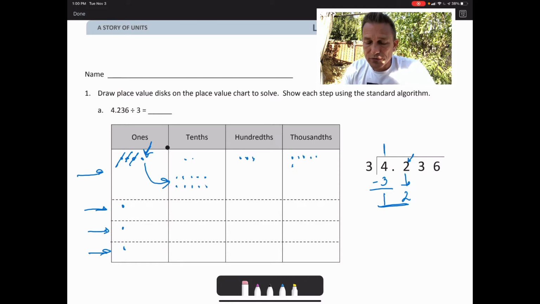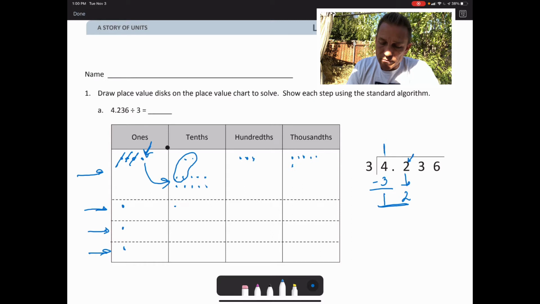Now that I have 12 tenths, I can share that equally 3 ways. I could do this mathematically in my head to figure out how much I can share out of the 12 3 ways. If I take 12 and divide it by 3, that would be 4. So I know that I can take 4 of them and put them here.